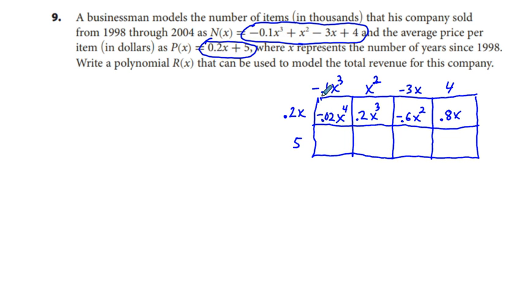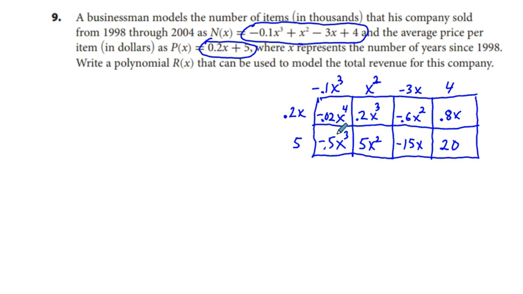And then our bottom row is 5 times negative 0.1x cubed, which is negative 0.5x cubed. And then we have 5 times x squared is 5x squared. And 5 times negative 3x is negative 15x. And finally, 5 times 4 is 20.